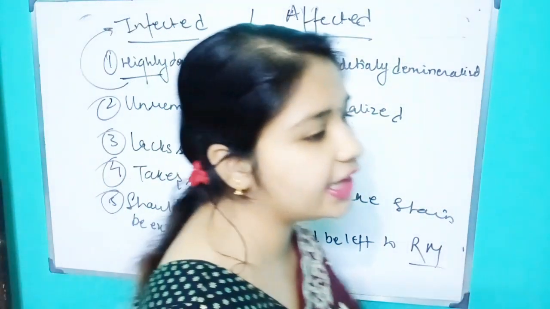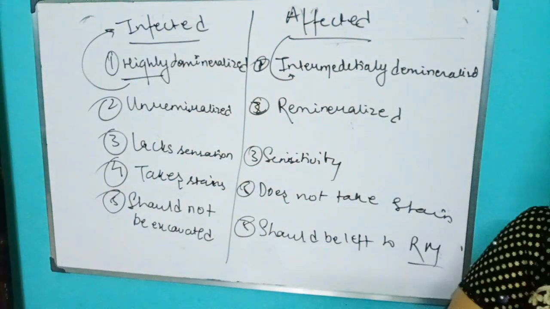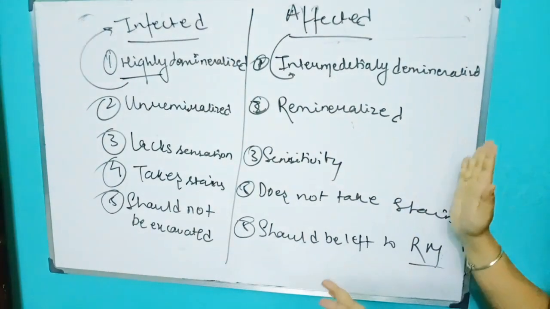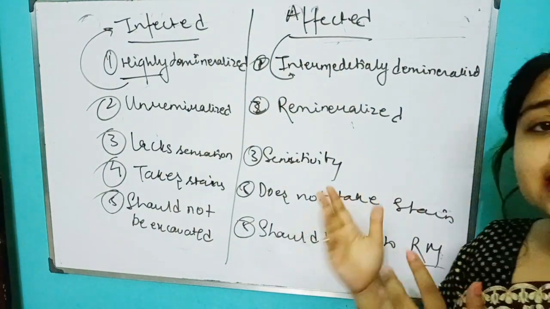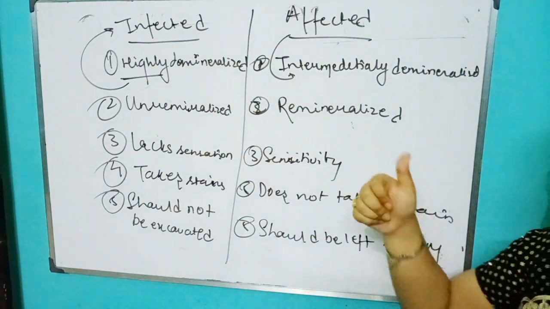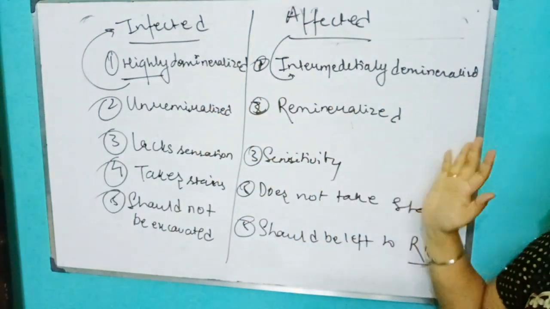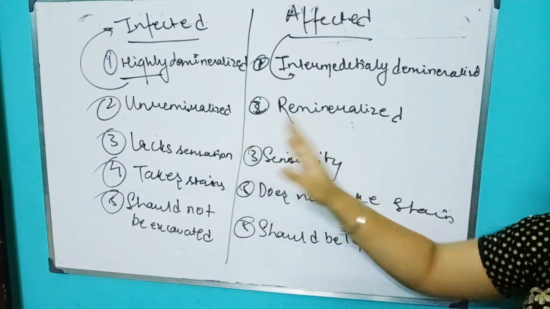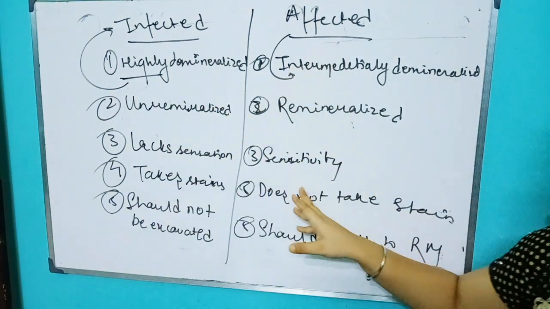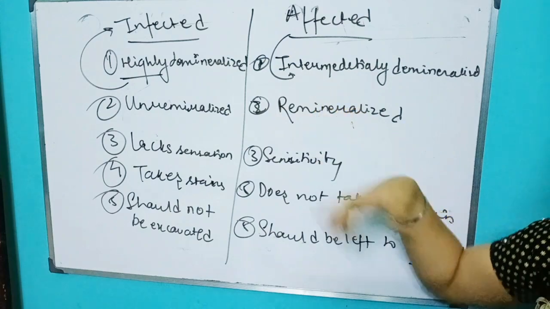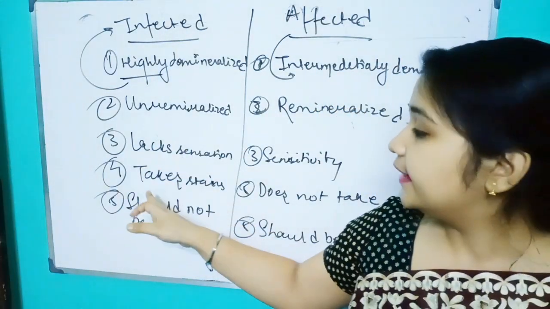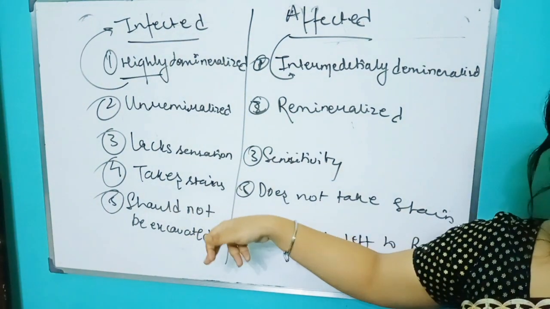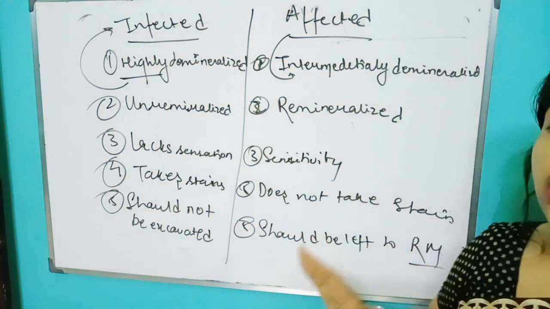Okay, so how we are getting to understand is, you have two dentins, one dentin has become completely infected, we cannot save that, but the affected one we can save, we can remineralize it. Infected is highly infected, but this is intermediately infected, it cannot be saved, so it is unmineralized. But this is remineralized. This lacks sensation, but this is sensitive because it is intermediately, not completely damaged. Then it takes stain, but it does not take stain. Why does it take stain? Because the pulp is dead, but here the pulp is not fully dead.